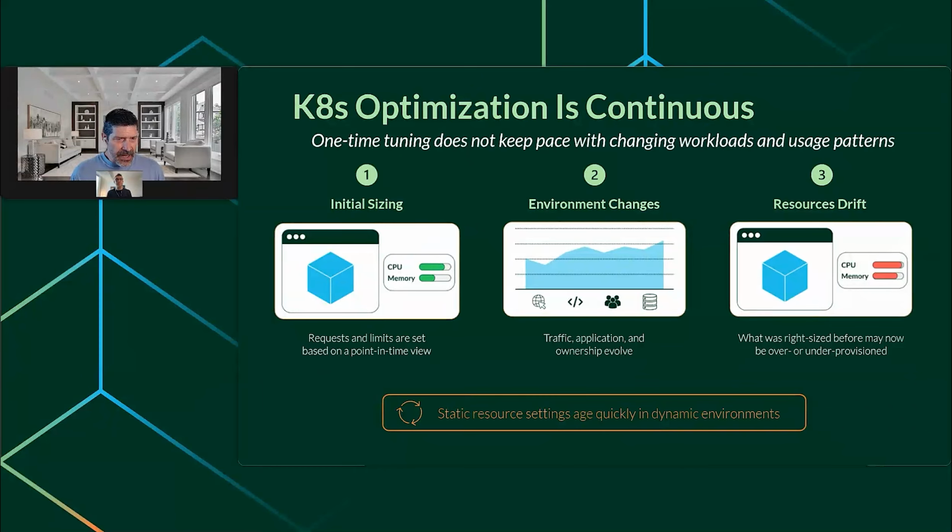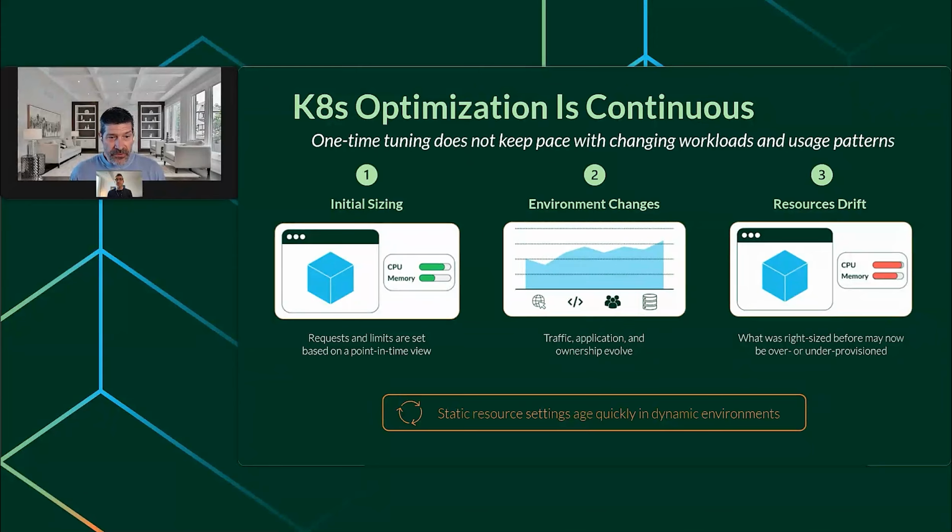Those changes can make things that were previously the right limits, the right resource settings, pretty inaccurate over time. And with that inaccuracy comes the risk of performance issues, but even more easily, sneaky ways of having that bill and that spend creep up because you're not utilizing the resources that you're reserving.